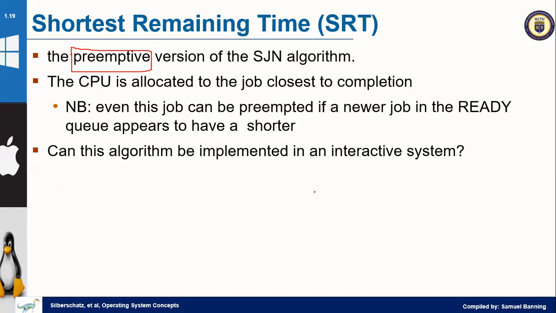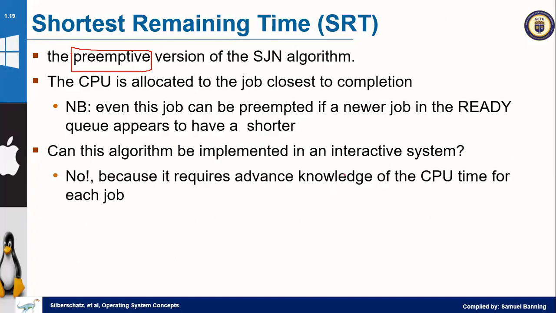Therefore, we cannot implement the shortest remaining time, because here the operating system has to take into consideration the CPU cycle times of all the jobs in advance before this algorithm is used. But we don't have that laxity in an interactive system. So the answer is no, because it requires advance knowledge of the CPU time for each job, and we don't have that in an interactive system.